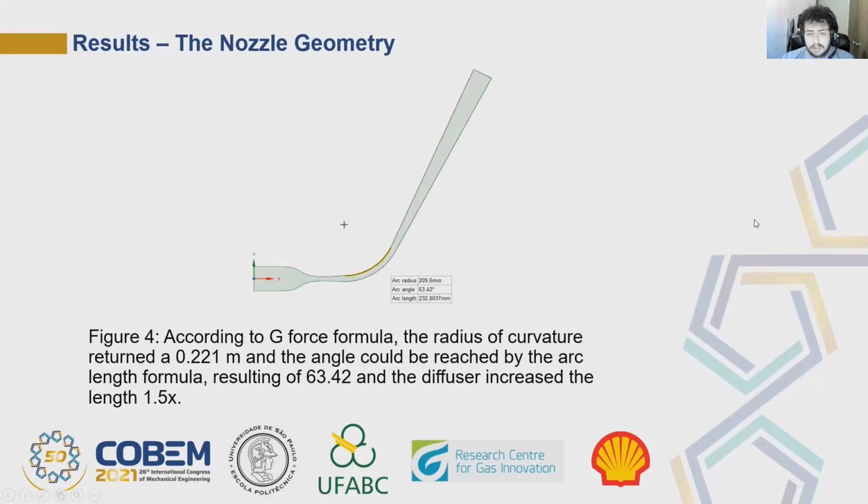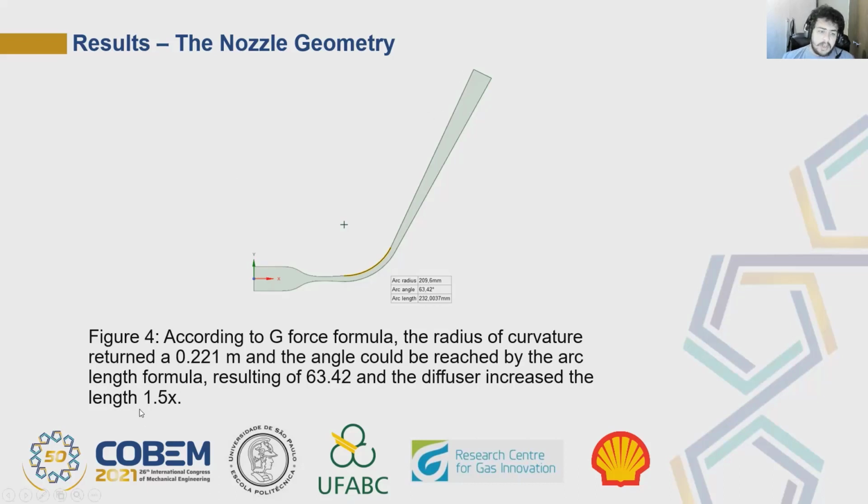Then also the geometry. According to the g-force formula, the radius at our inlet is 0.221 meters, and the angle is 63.42 degrees, okay?